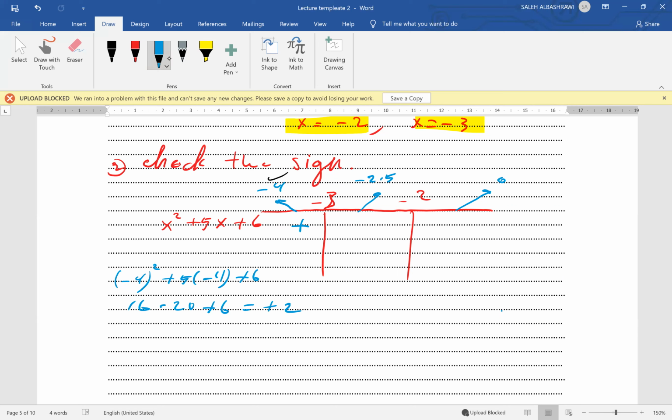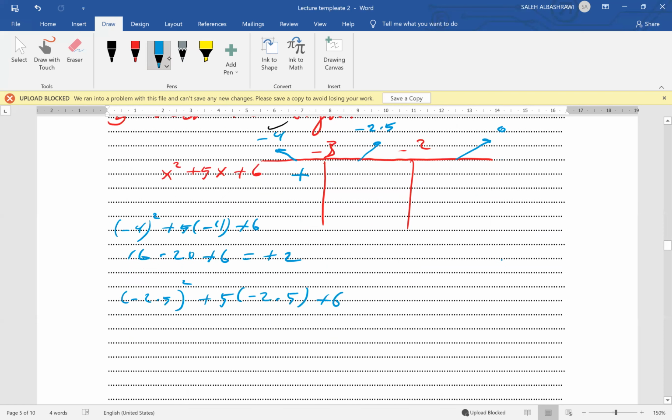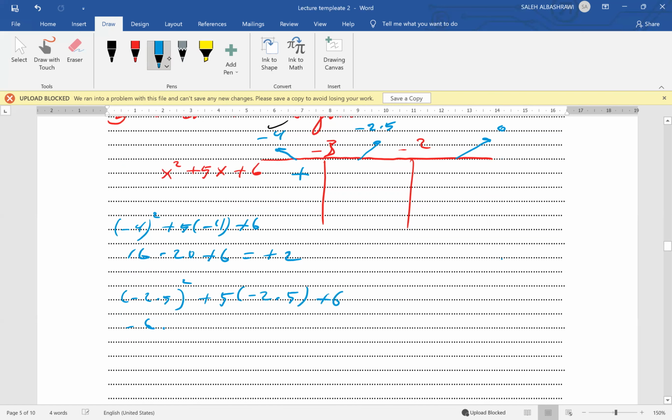Between minus 3 and minus 2, let's substitute x by minus 2.5. Squared plus 5 times minus 2.5 plus 6 is equal to minus 6.25, and this will be minus 12.5 and plus 6.